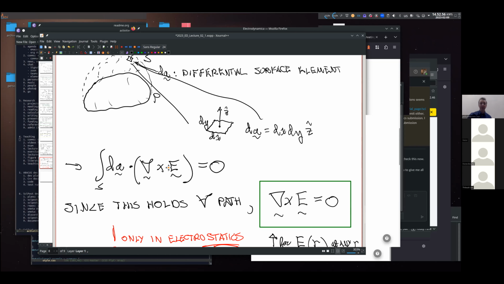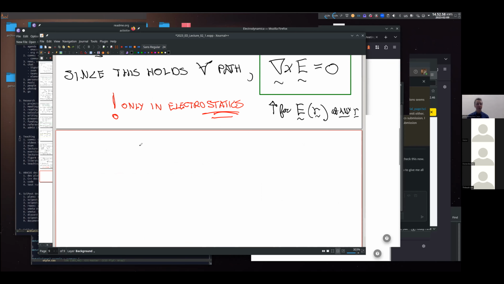If I have a certain path, and now I change the path. I've got a line integral going like this. This is my path P, and it carries on in the distance. You don't see that bit. This is just a little section. I change the path, and go a little path like this instead.